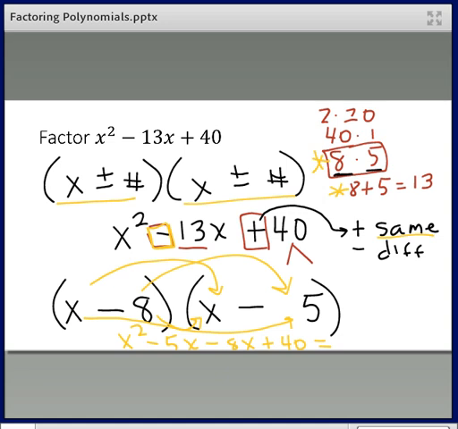When I simplify that, I get x squared minus 13x plus 40, which is what we started with.